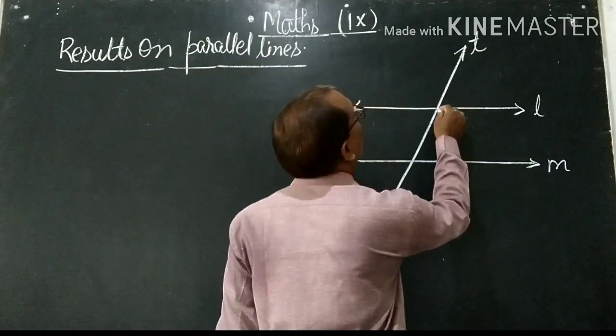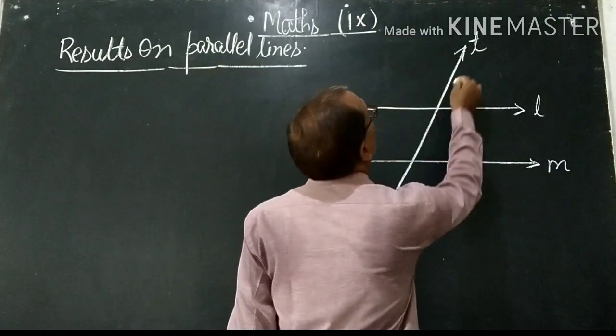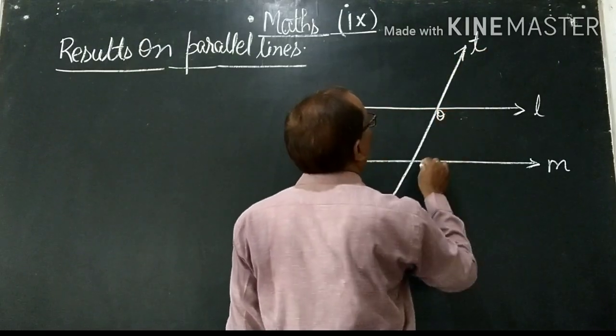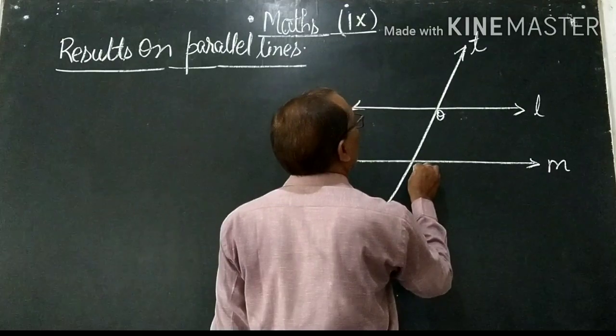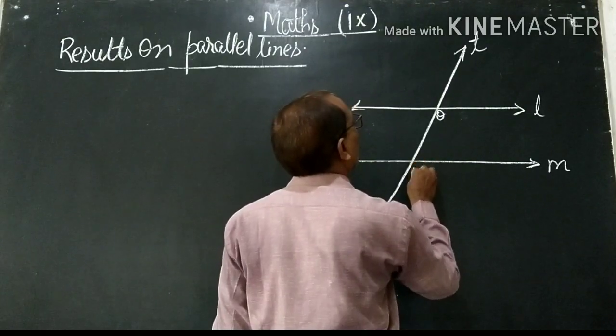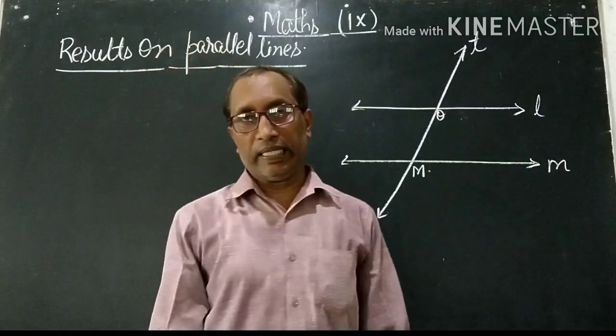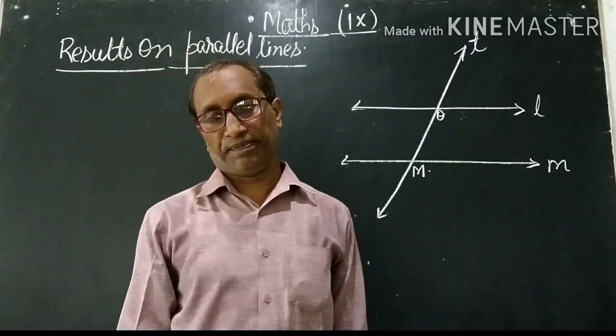Like this is O and this is M. These are two intersection points.